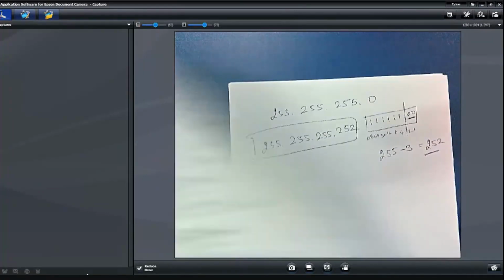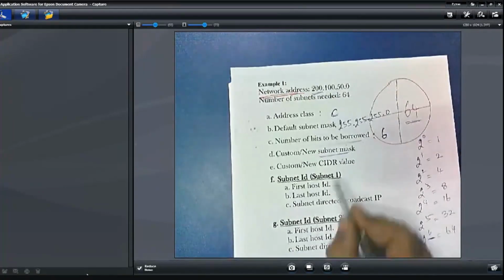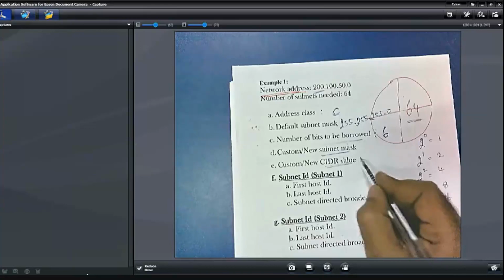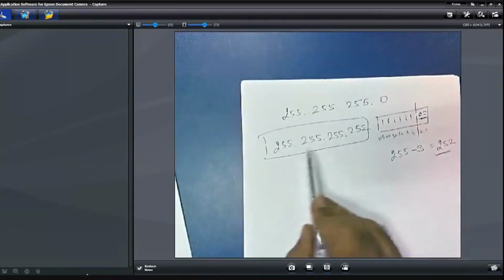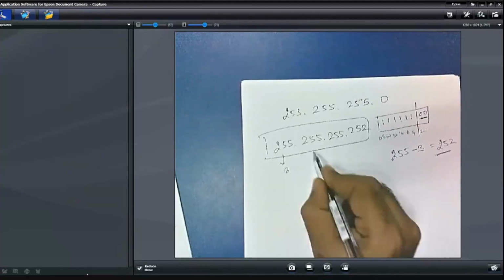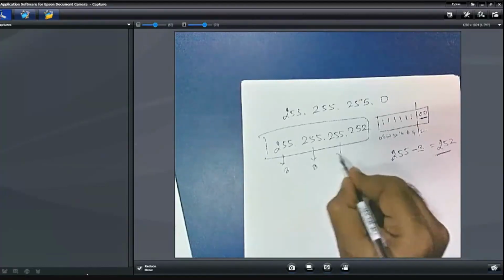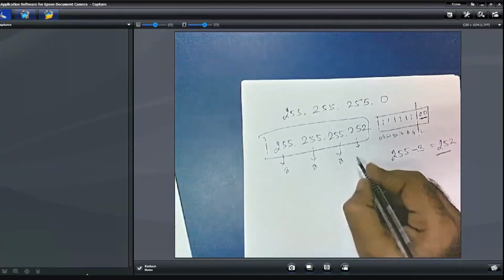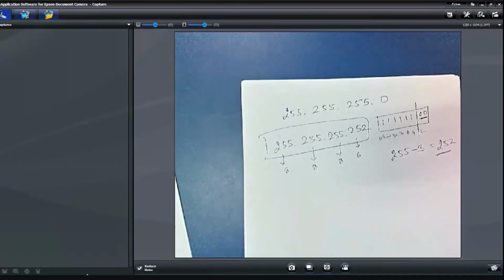Then, what is the custom or new CIDR value? How many bits are available in the network? Here 8 bits, here 8 bits, here 8 bits, and here we borrowed 6 bits.